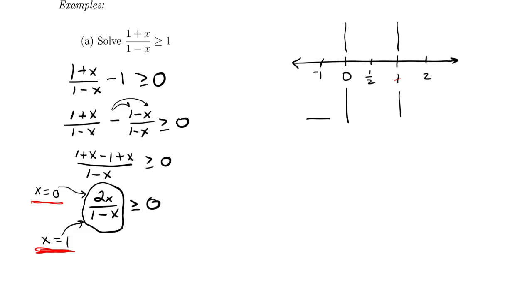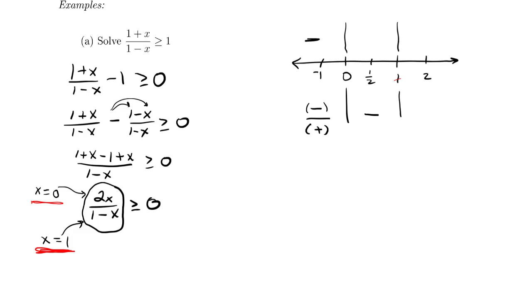When I put in -1 to 2x, I get a negative number, right? That's my numerator. On the bottom, if I put a -1 in, I'll get 1 minus -1, or 1 plus 1, and I would get a positive. So overall, I would get a negative for that region, because a negative over a positive is a negative number.